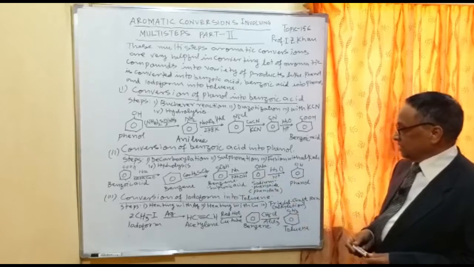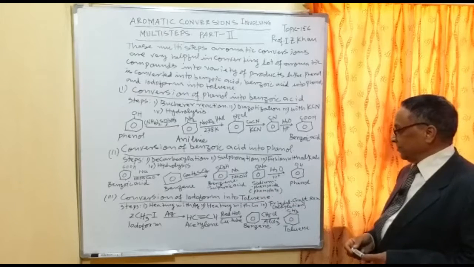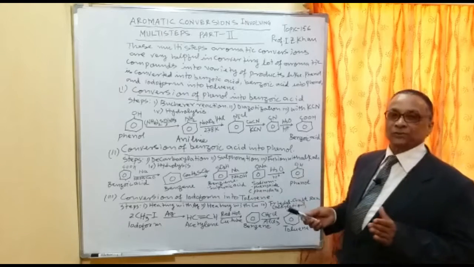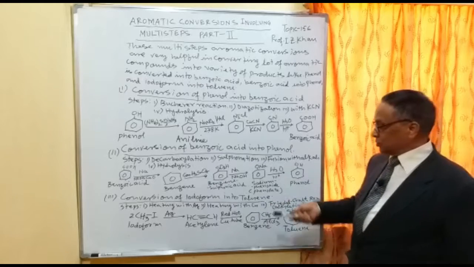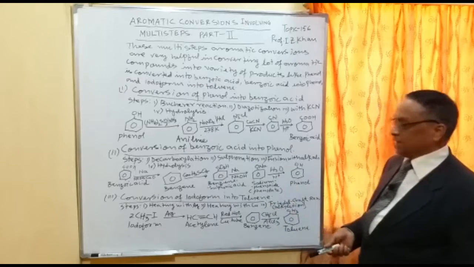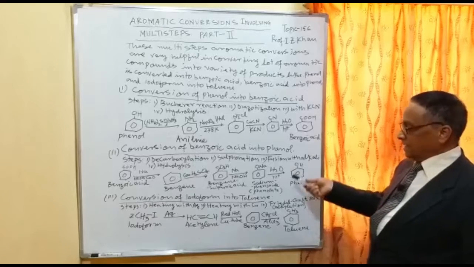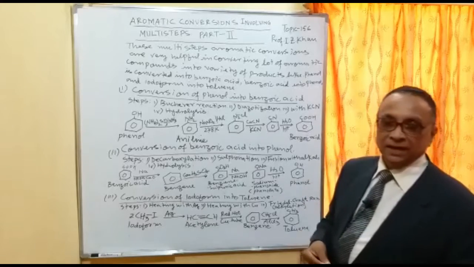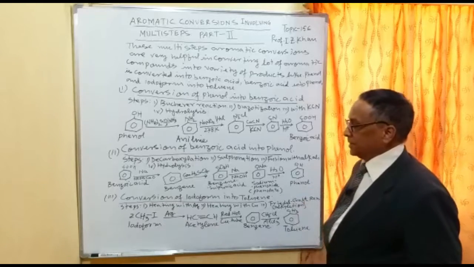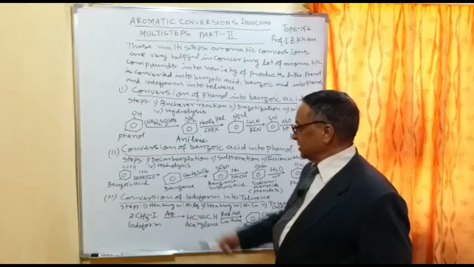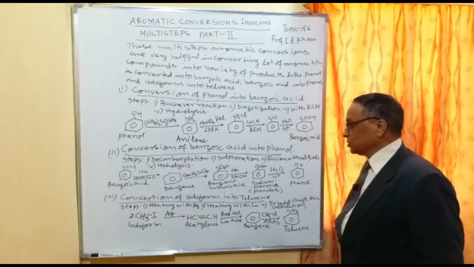You will get sodium phenoxide, and in many books sodium phenoxide is referred to as phenolate. So phenolate and sodium phenoxide are the same thing, and then it is subjected to acid hydrolysis, and finally we get phenol.